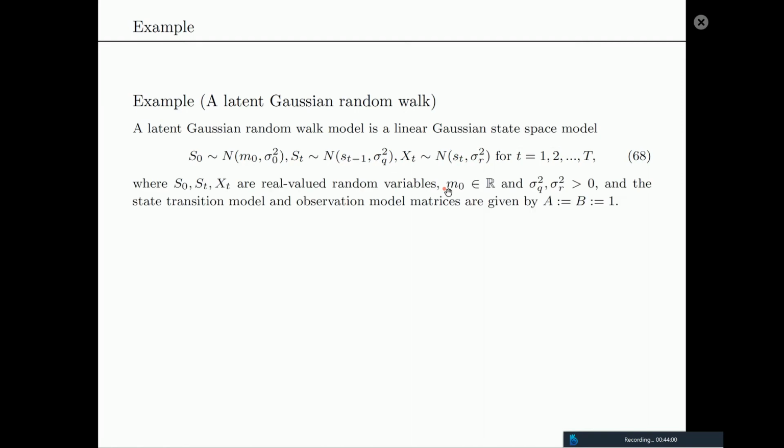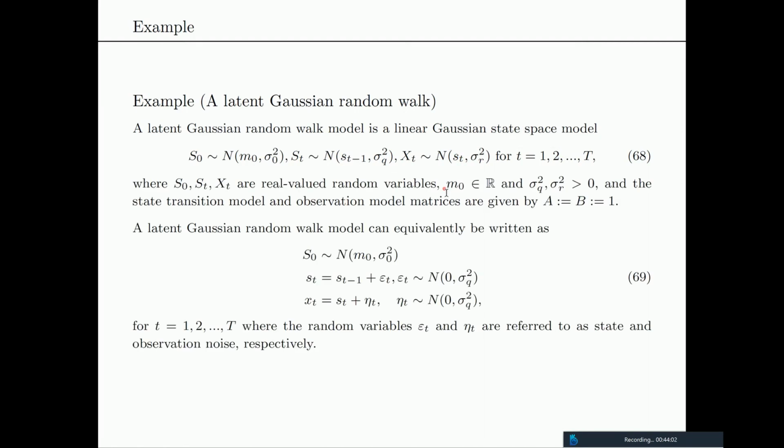You can also write this, if you like, so that s_t is equal to s_{t-1} plus some Gaussian error, which is zero-centered, because that's based on linear transformations of Gaussians. And x_t is given by s_t plus normally distributed error.